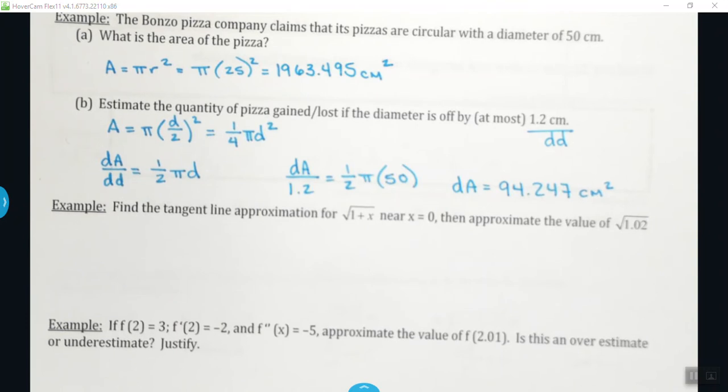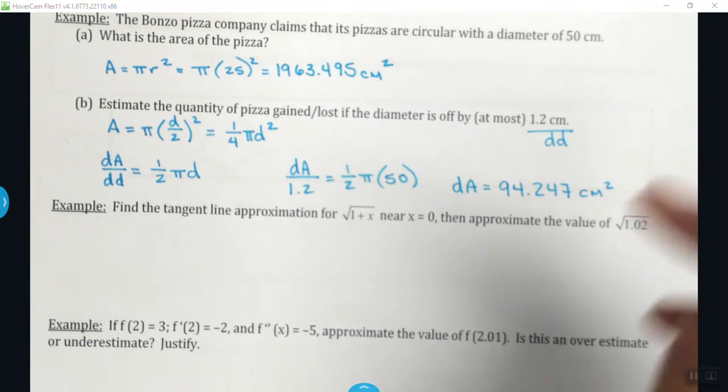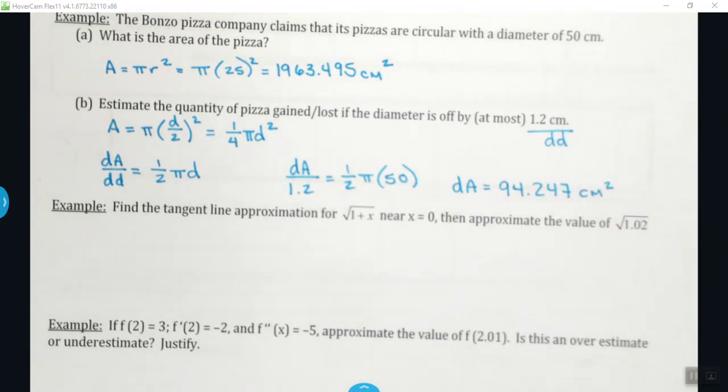Why would he make half-meter wide pizzas? That's not that big. That's like a regular large pizza at Domino's.